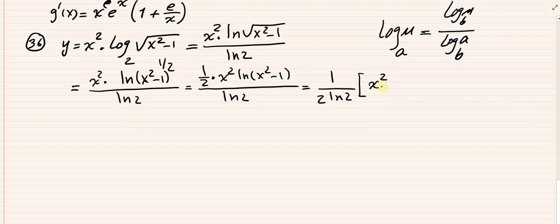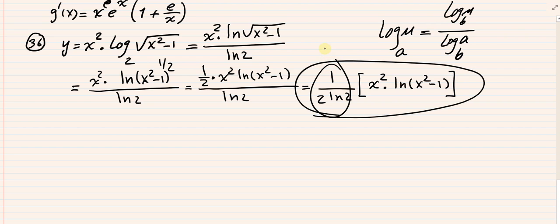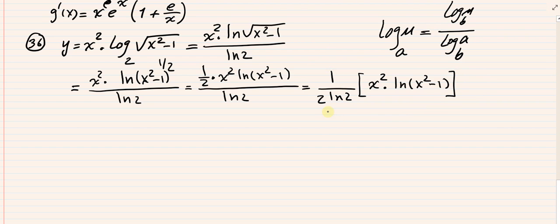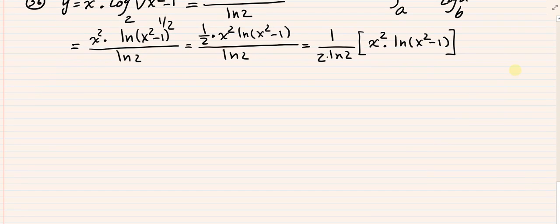Now I just have to find the derivative of x squared times ln of x squared minus 1. You see how much easier that is, this expression? The fraction in front, that's just a constant. And in fact, 2 ln of 2, if you want, we can write it as ln of 4. But let's leave it like that for now. Okay, now I'm doing y prime. Here's 1/2 times ln of 2.